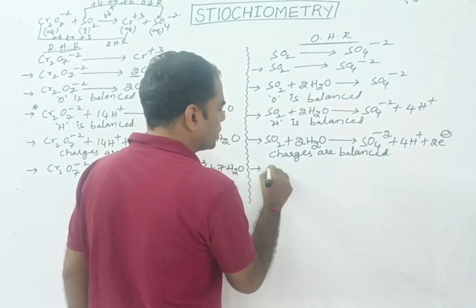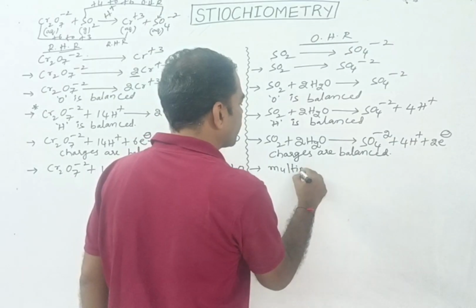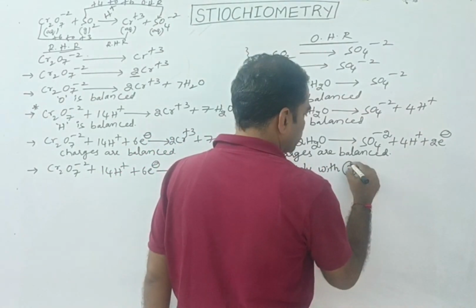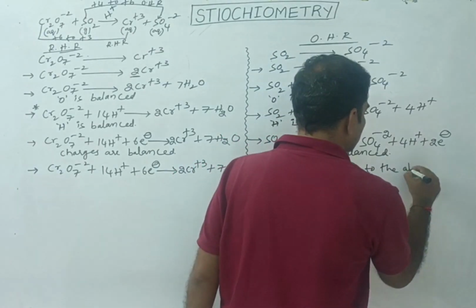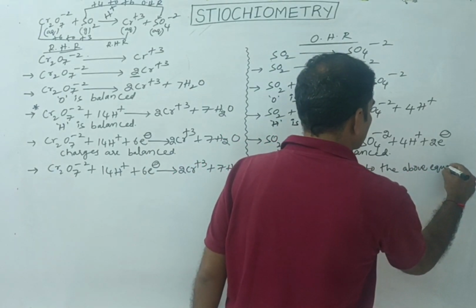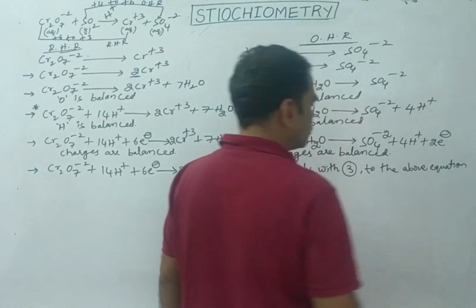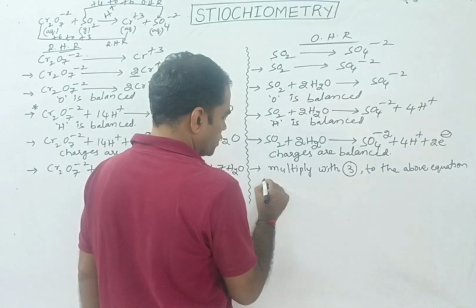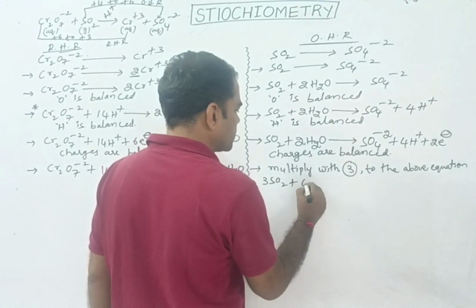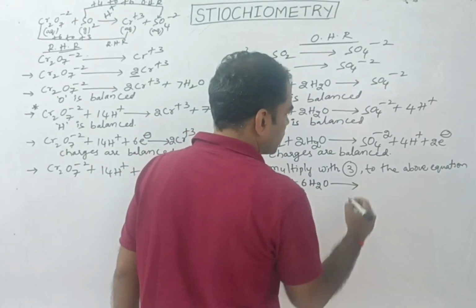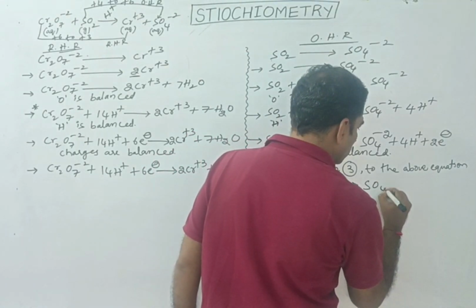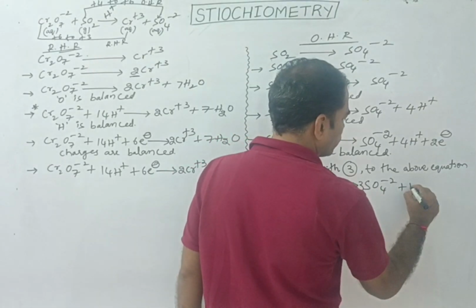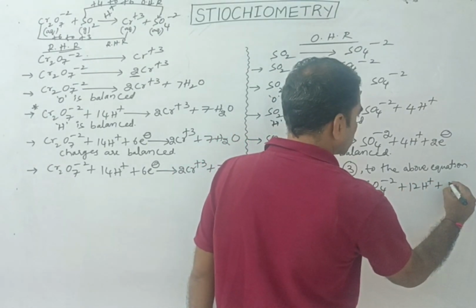Now come to this side. Multiply the above equation with 3. See, 3SO2 plus 6H2O gives rise to 3SO4 minus 2 plus 12H plus 6 electrons.